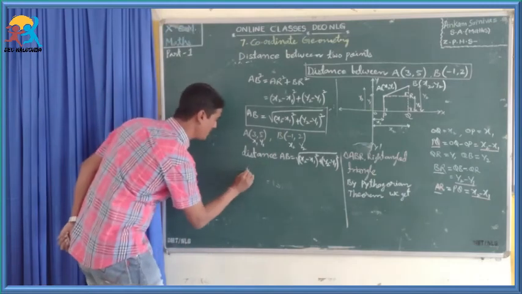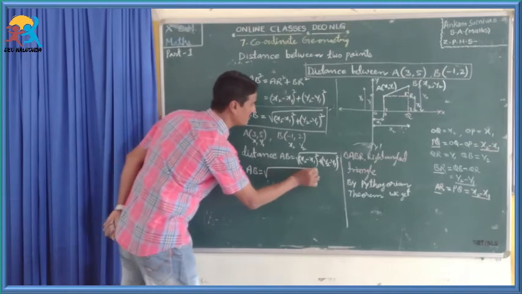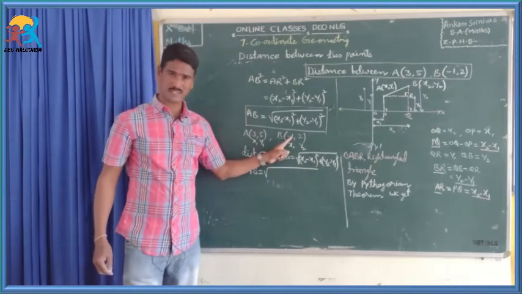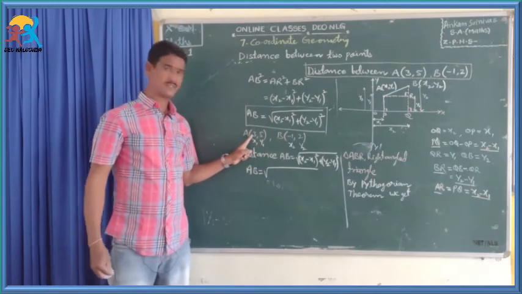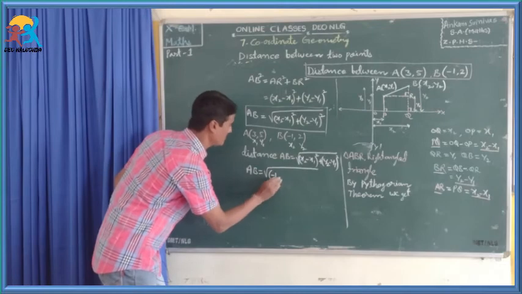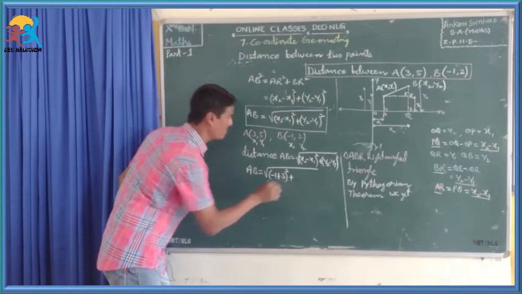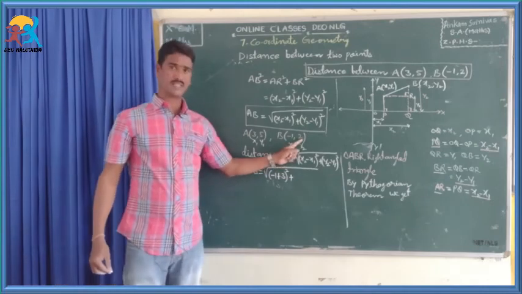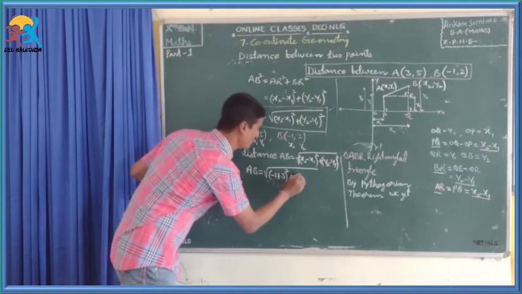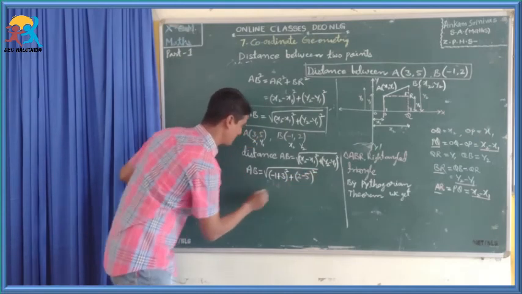So here AB equal, you can write easily, square root of x2 minus x1, that is minus 1 minus 3, whole square plus y2 minus y1, that is 2 minus 5, whole square.